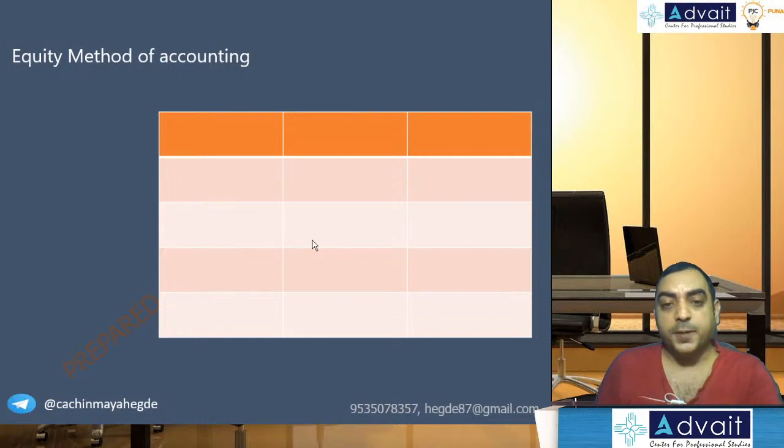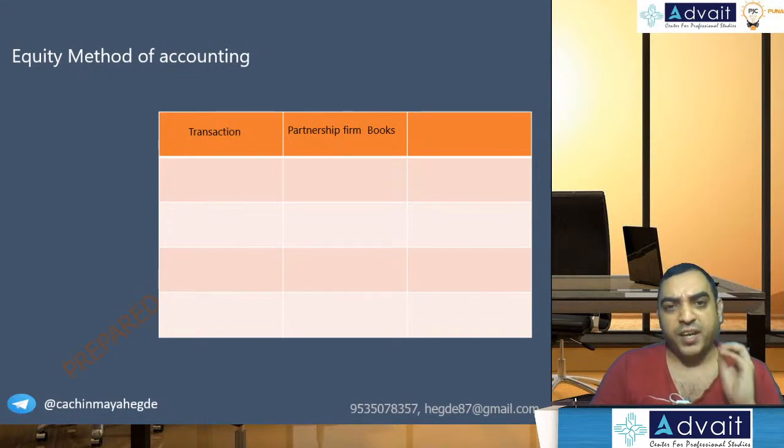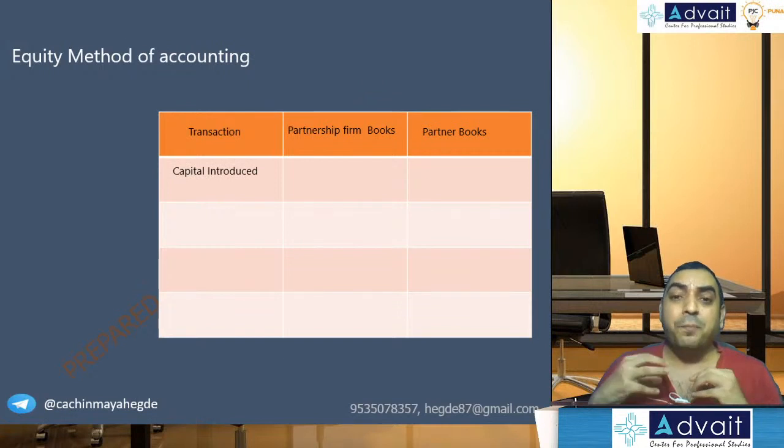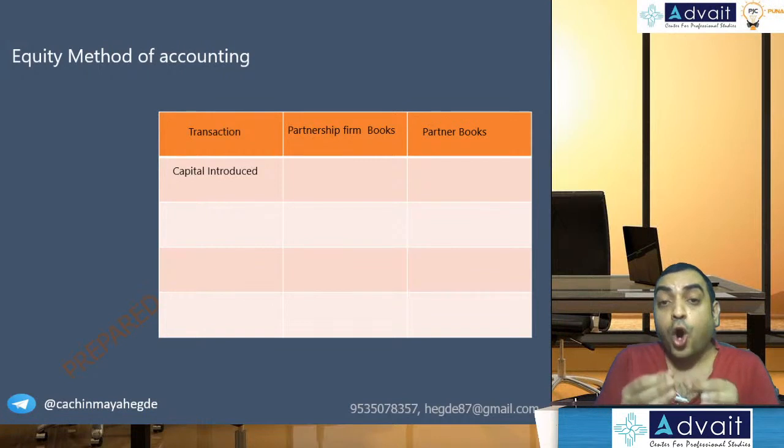For the equity method of accounting, you need to get some basics of how you would have done it in partnership form, a little bit of IPCC and partner books. When a partner introduces capital, what journal entry is passed in the firm's books for receiving the capital?